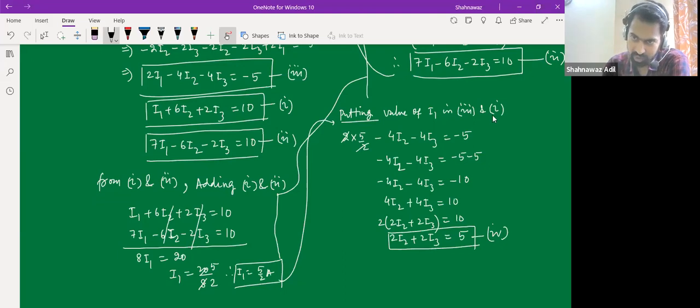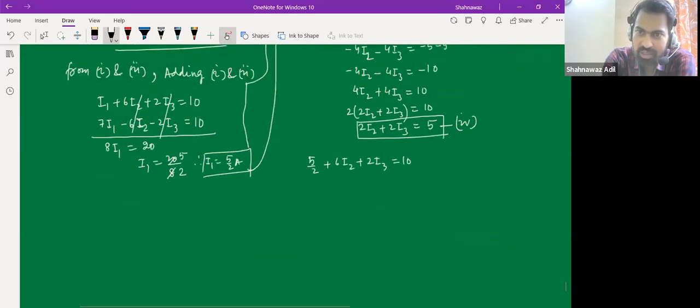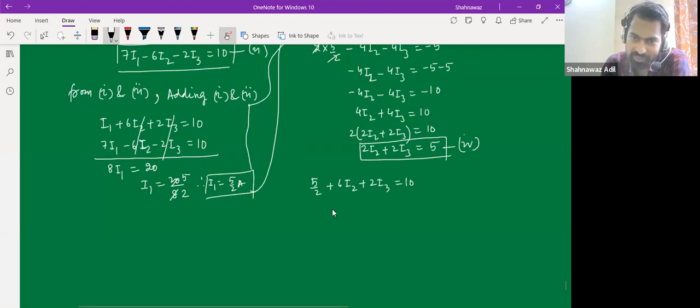Right. Now putting the value of I1 in 1, so this would be how much? 5 by 2 plus 6I2 plus 2I3, this is 10. So you guys can see that this is a very lengthy problem.